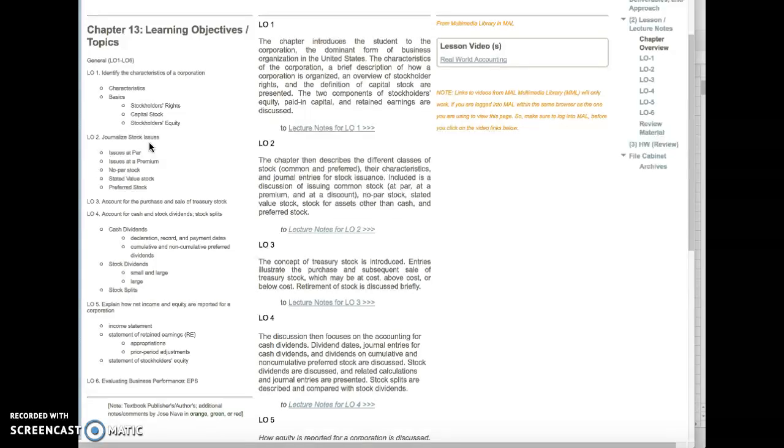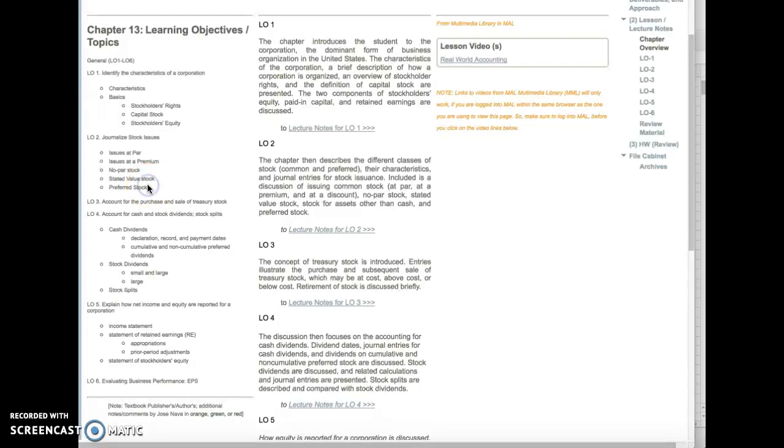So you're going to be accounting for the issues of stock at par or usually at a premium. There are other situations where you do something similar to the first two here, but it just doesn't have a par value. So you're going to see just a few minor distinctions you need to make when you account for no par or stated value stock issues.